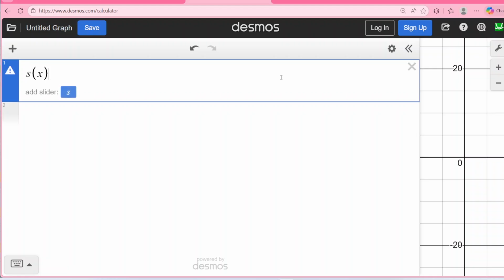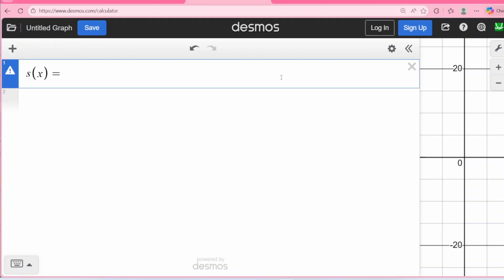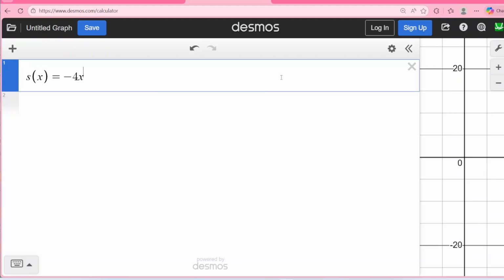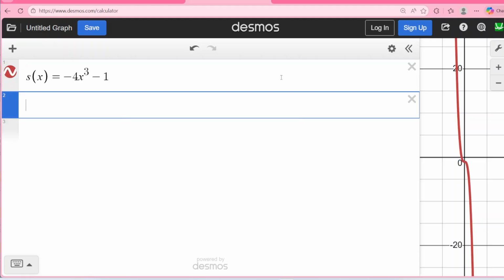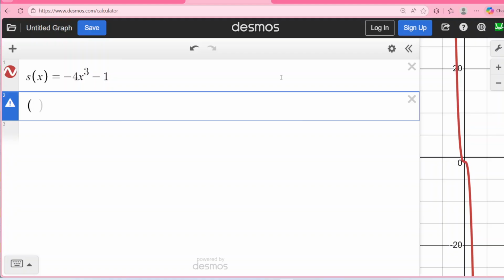So here's s of x equals negative 4x cubed minus 1. That was our function. Look, instead of typing in all the stuff I did, I can just put in an expression.